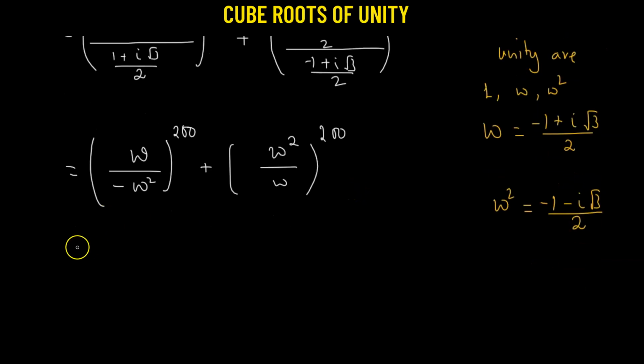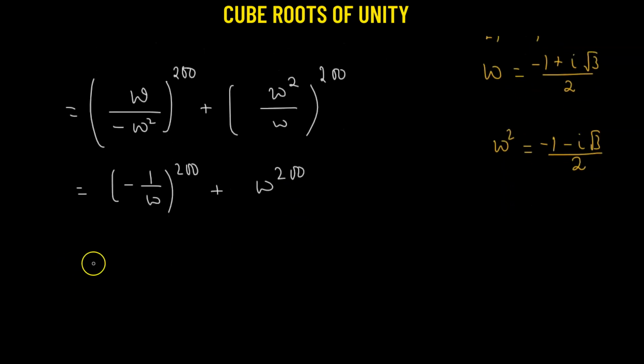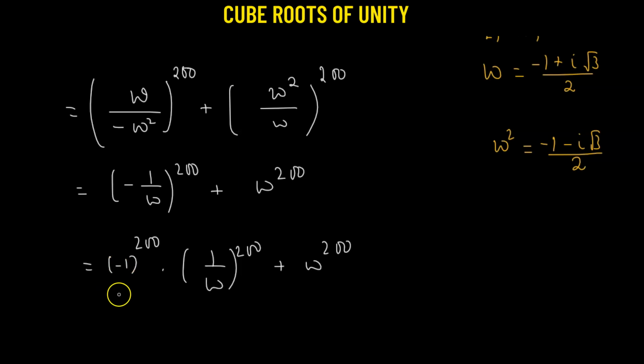Now let's further simplify it. This will give us negative 1 over omega raised to the power of 200 plus omega raised to the power of 200. Now, we have negative 1 raised to the power of 200 multiplied by 1 over omega raised to the power of 200 plus omega raised to the power of 200. So this becomes positive.